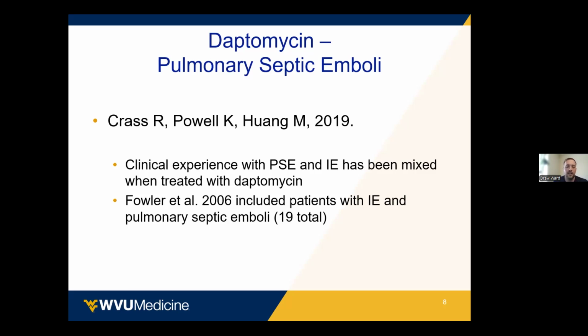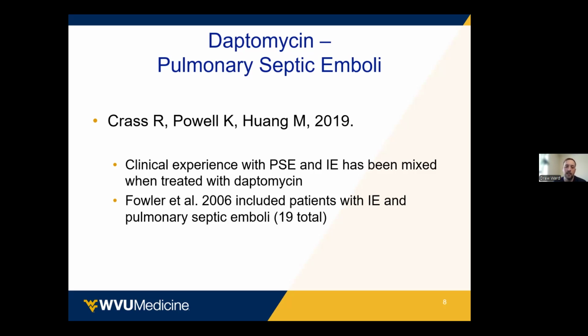The largest scale study, if you will, of patients that were treated with daptomycin and had concomitant pulmonary septic emboli was completed by Fowler and colleagues in 2006. They included a total of 19 patients with a complication of pulmonary septic emboli.